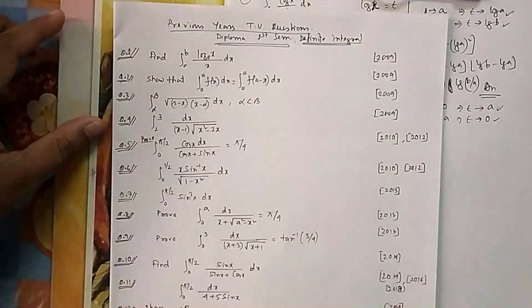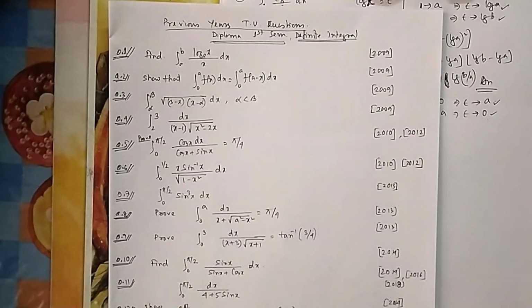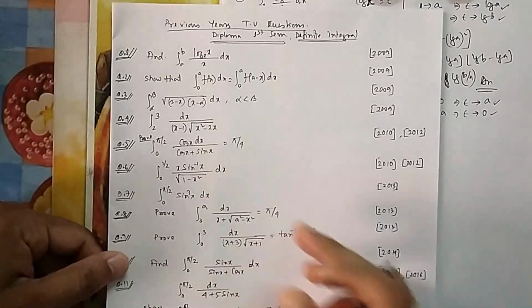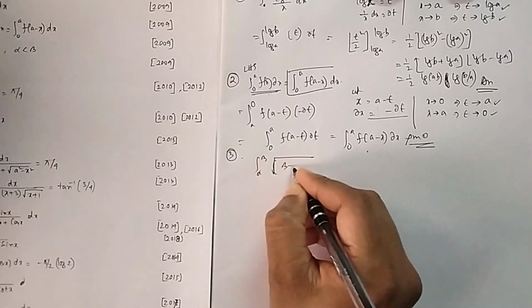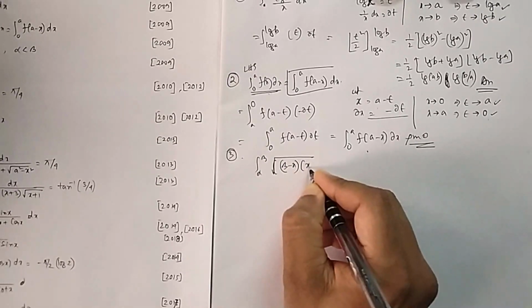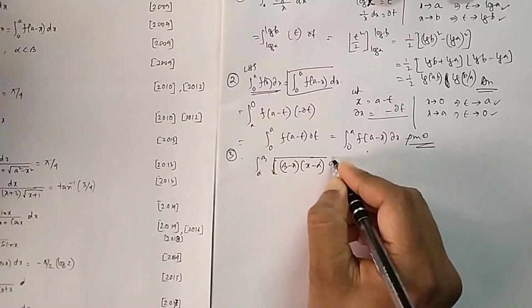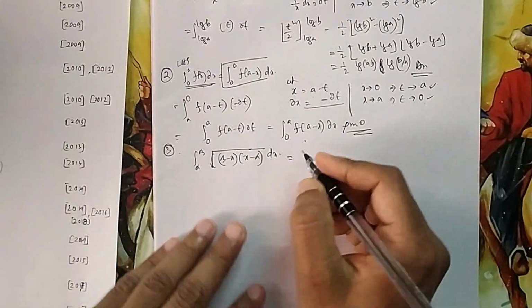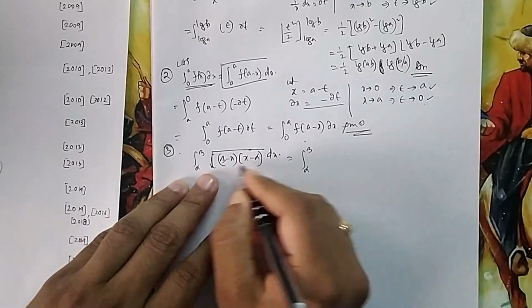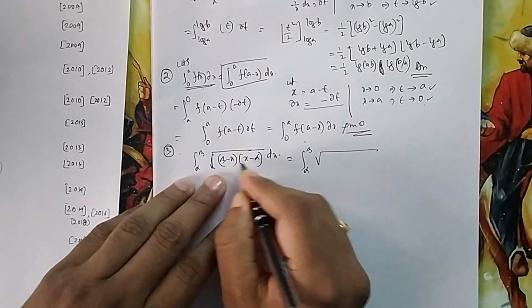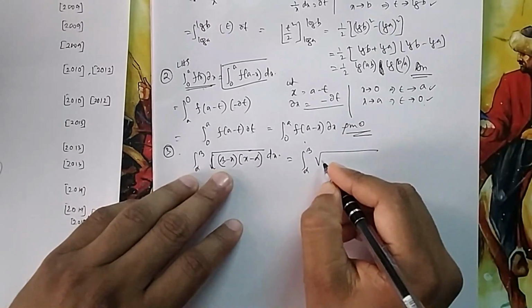Next, in question number 3, what is asked: the integral from alpha to beta of root of (beta minus x) into (x minus alpha) dx. So if you take the product of these two, it will be a quadratic. Root of a quadratic, there is a standard formula, so you will apply this one.